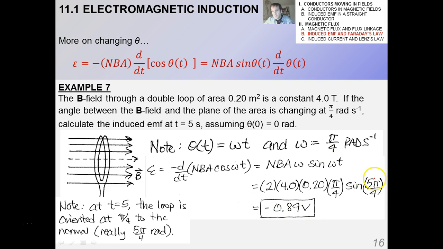Because here's where the time comes in, at 5, okay? At t equals 5, the loop is oriented at pi over 4 to the normal. It's really 5 pi over 4 radians, okay? So you should probably get a piece of paper and think about how that loop, in that amount of time, where it's changing, and what the actual orientation is between the plane of the loop and the B field.